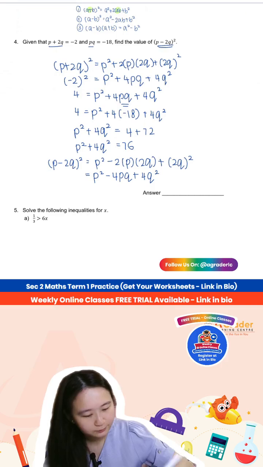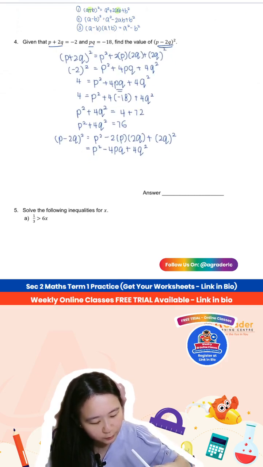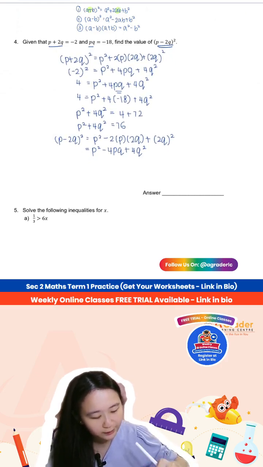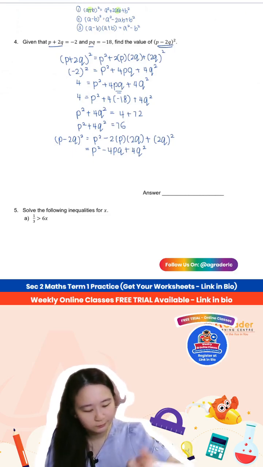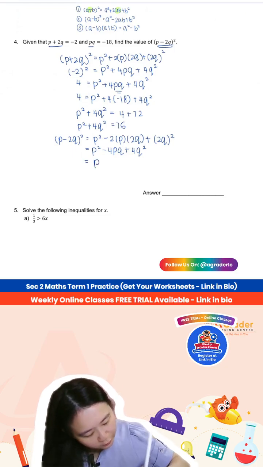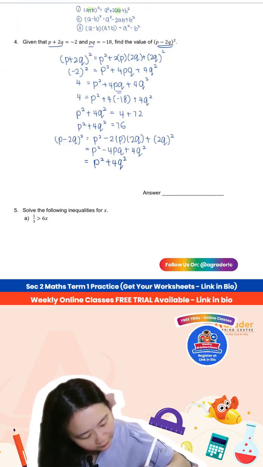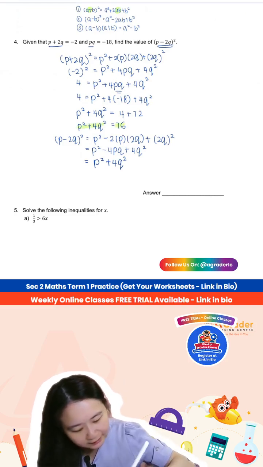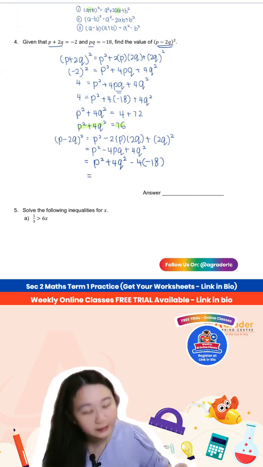Okay, so can you see why we need to find the value of p squared plus 4q squared? So that we can substitute inside here to find the value. So p squared plus 4q squared, we have this value here equals 76, and then minus 4pq is negative 18, so I replace with negative 18.